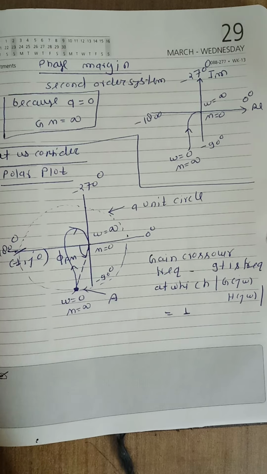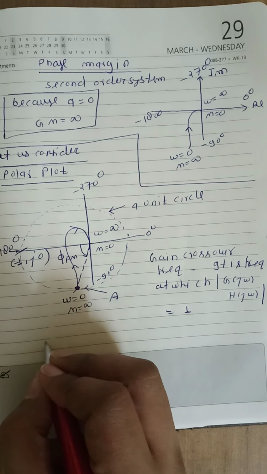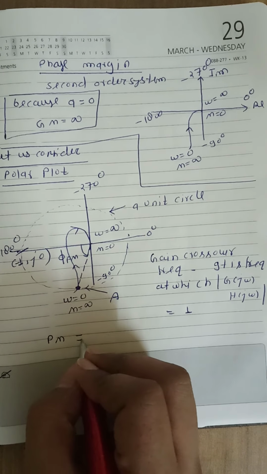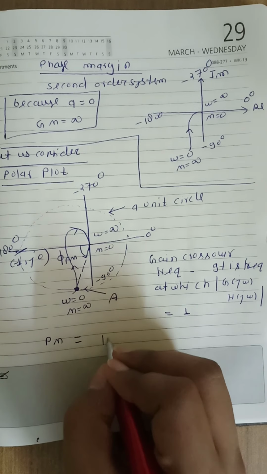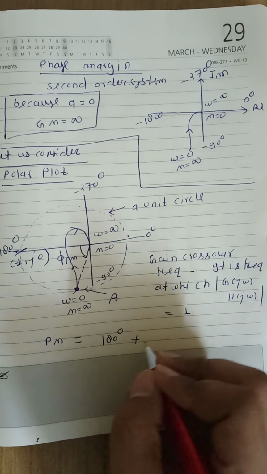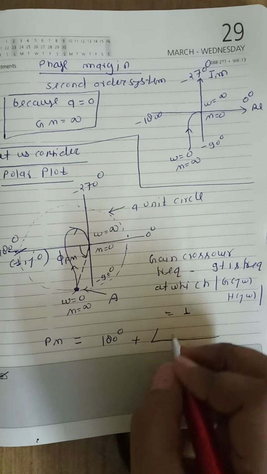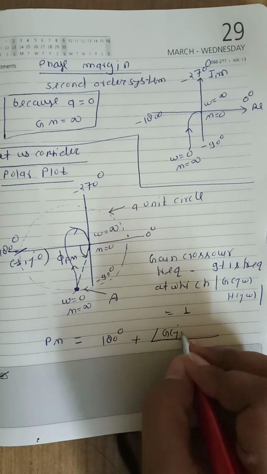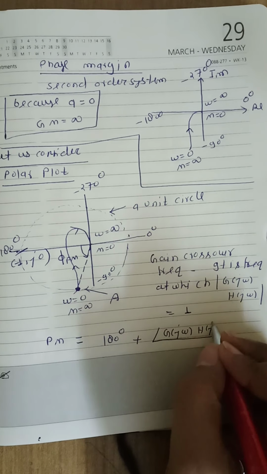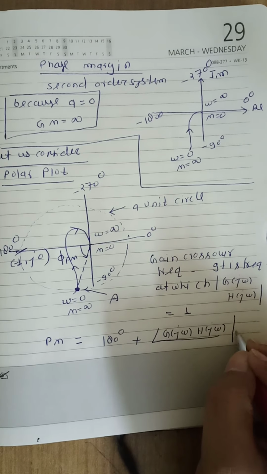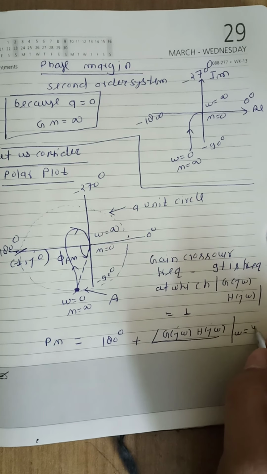So here phase margin is calculated with the help of the formula: phase margin equals 180 degree plus the phase angle of G(jω)H(jω) at omega equal to omega gc.